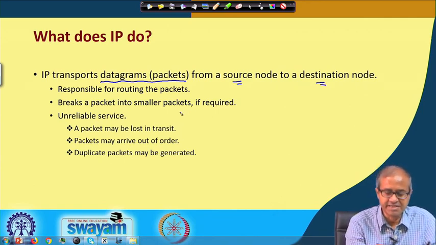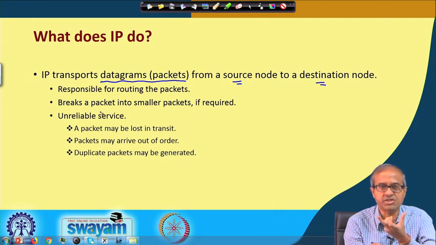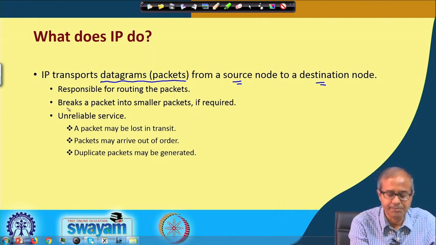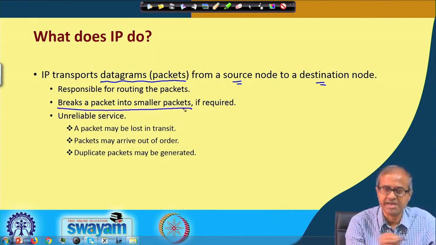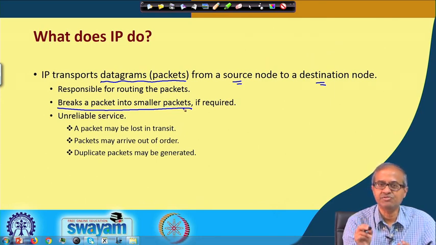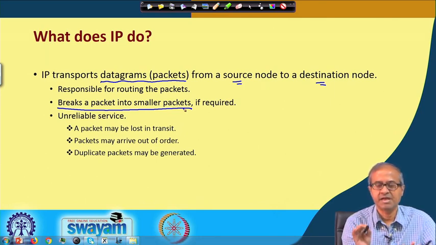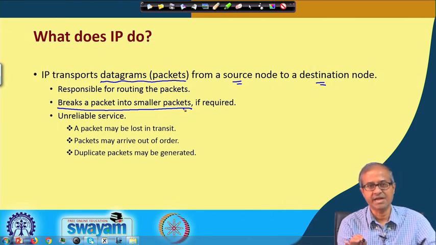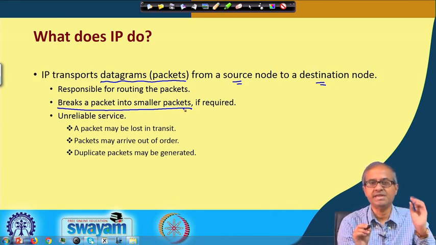IP has an additional responsibility. If it finds that a packet is too large, it may break it into smaller packets. This is called fragmentation. This we shall see. The point to note is that IP uses datagrams, and as we mentioned earlier, a datagram is an unreliable service.